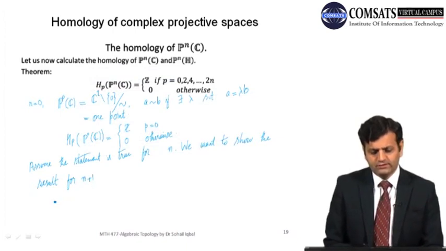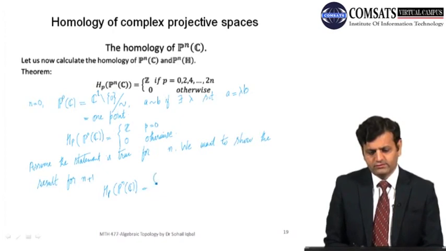Okay, so in other words, we assume that Hp of PnC is equal to Z if p is equal to 0, 2, 4, up to 2n, and this is 0 otherwise.